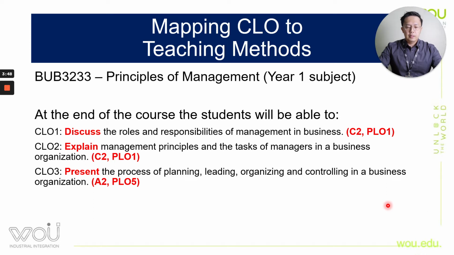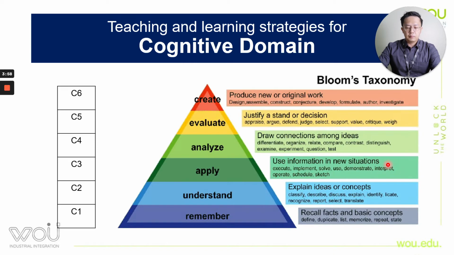For cognitive, I would say it will be the easiest to measure compared to the rest. If you look at the cognitive domain, it goes from C1 until C6. C1 is remember, where we just want the students to recall facts and basic concepts, while C2 measures their understanding, where the students should be able to explain ideas or concepts.